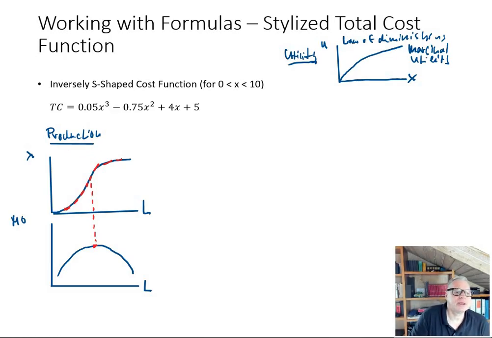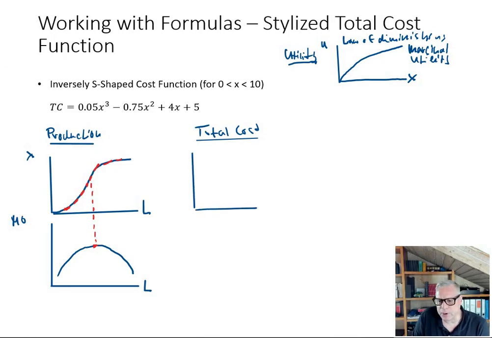So the next thing is we need to look at the total cost function. When it comes to total cost, we want to know how much it costs to produce X. So we take the output and convert that into total cost.